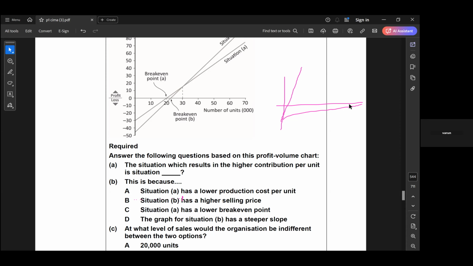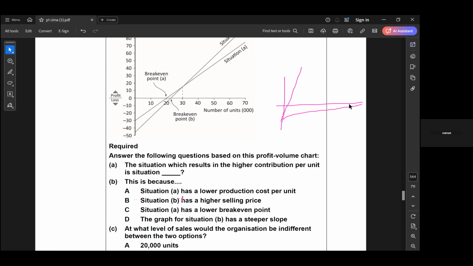Now here, they're talking about situation A has a lower production cost per unit, but I don't think so. And then situation B has a higher selling price.